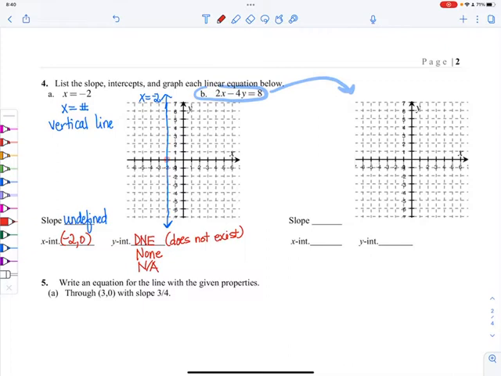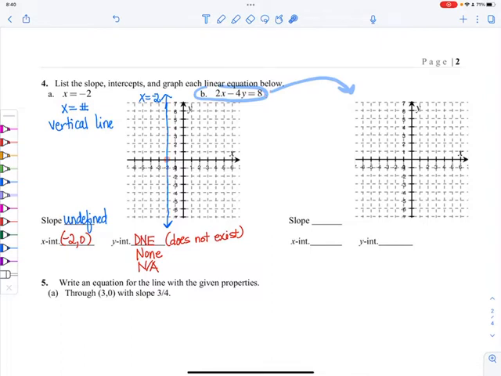Any of those things are fine. You don't need to write all of them, just pick one. So we were supposed to list the slope, the intercepts, and graph the line, and we just did all of that. So for this equation, we need to find the slope, intercepts, and graph the line.